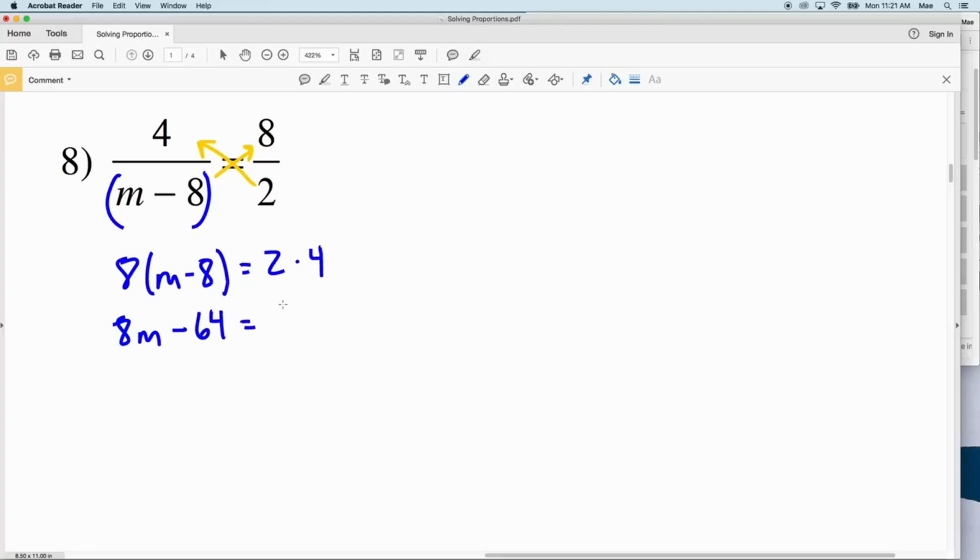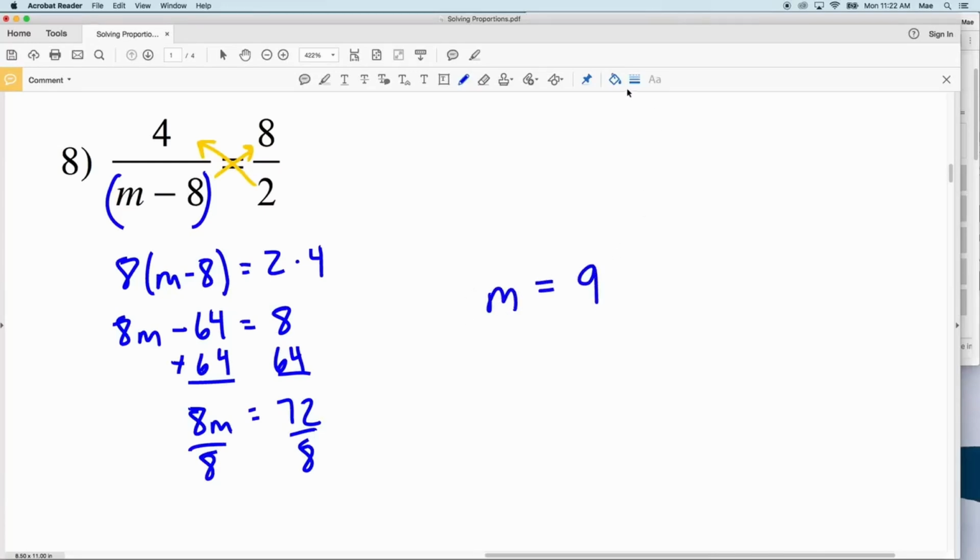So 8m minus 64 equals 2 times 4, which is 8. We're going to add 64 to both sides to get that 8m is equal to 72. Then when we divide by 8, we know that 8 goes into 72 evenly, and that's going to be 9 times. So m is equal to 9 in number 8.